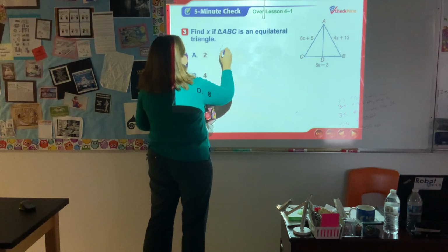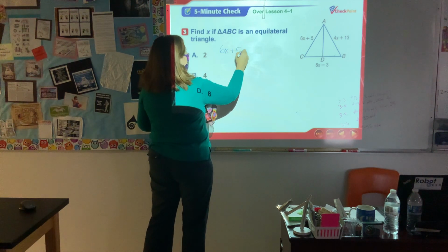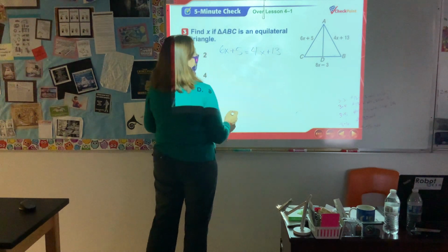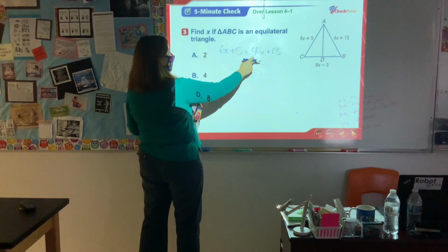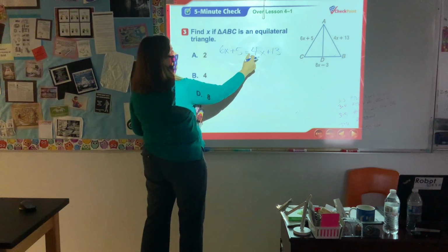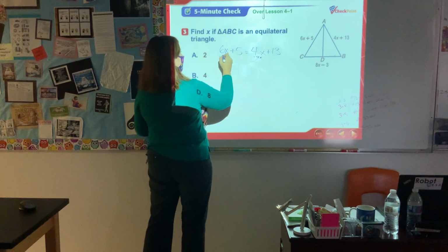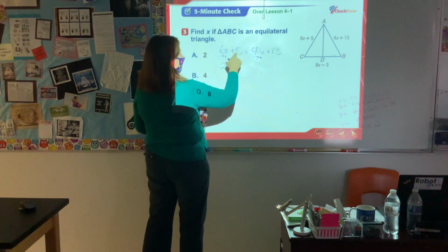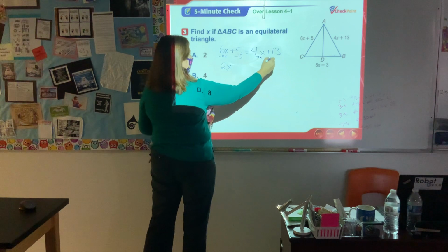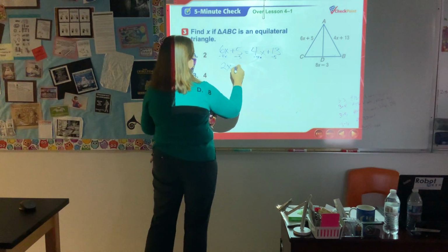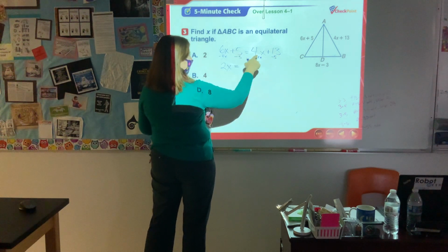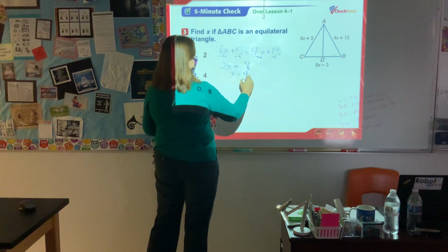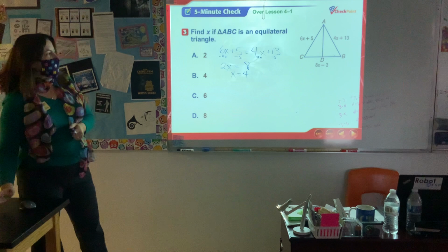So let's go with the 6x plus 5 is equal to 4x plus 13. Okay, bring the x's together, subtract 4x, subtract 4x, I'm left with 2x. If I subtract 5 and subtract 5, I'm left with 0, and this one becomes 8. So x is equal to 4, because I divide both sides by 2.